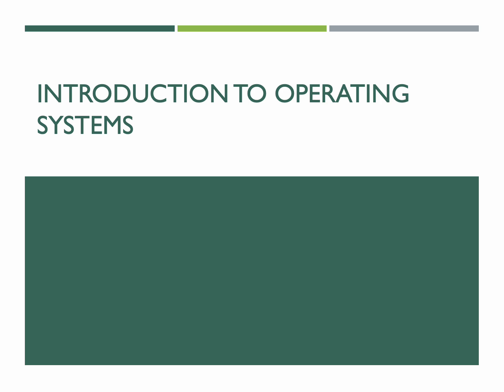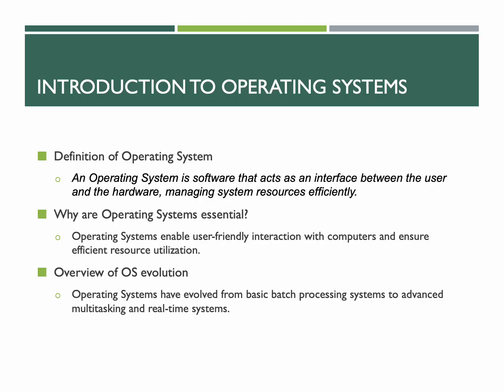In today's session, we'll explore what operating systems are, their functions, and their role in managing computer hardware and software. We'll start with a simple definition. An operating system, or OS, is a type of software that acts as an intermediary between the user and the computer hardware.